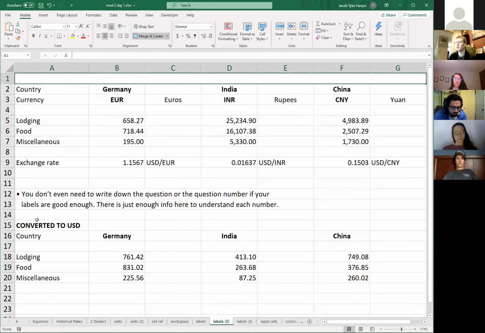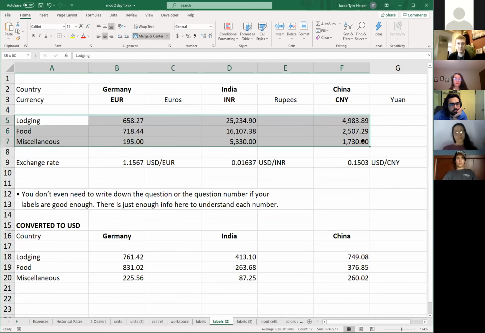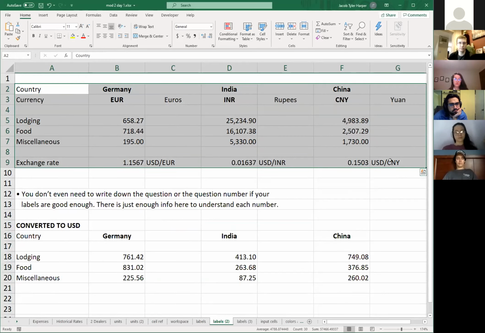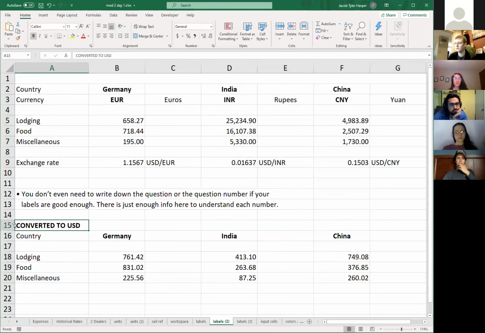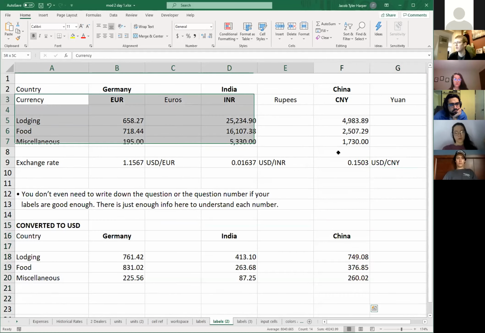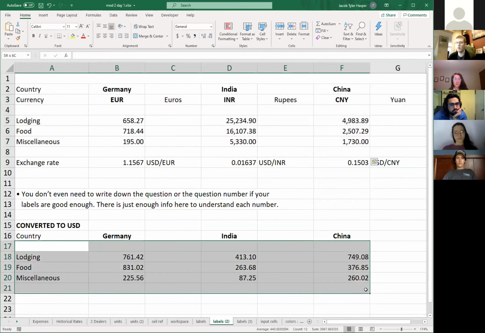Another thing you can do is you don't actually need to write out questions if you use really good labels. So for instance, let's say I have all this stuff, which you do, and I know I need to convert this. Why not just borrow the layout of this really nicely formed table for my answers? Now I've converted everything to USD and I've used the same columns and the same rows. It's just really easy to compare this to this, where now all my numbers are in terms of USD. This is a suggestion.